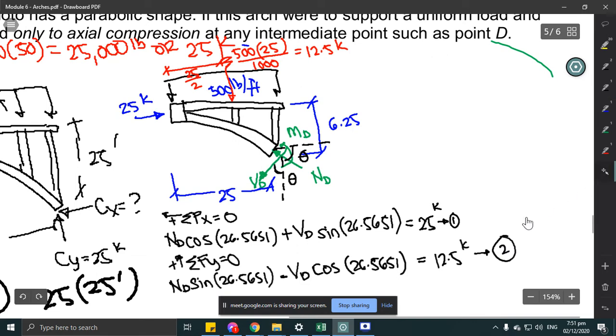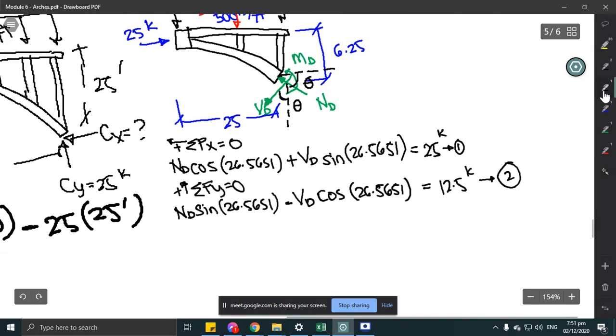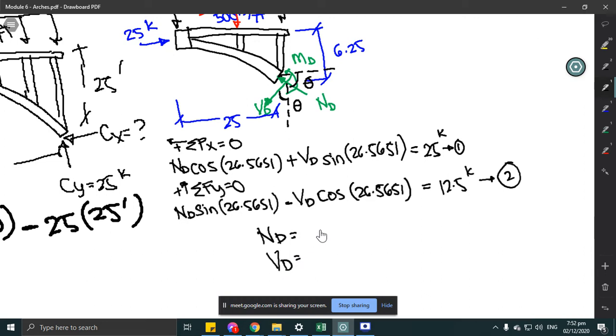So this will be our equation number 2. So two equations, two unknowns, we can solve for the normal force D and the shear D. So what is the value of ND? What is the value of your shear D? So paipindot na lang sa calculator. 27.9508.